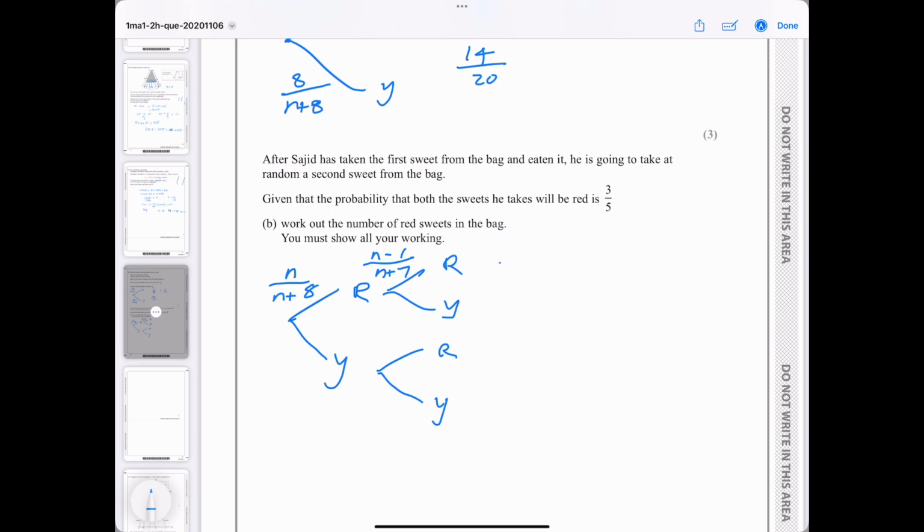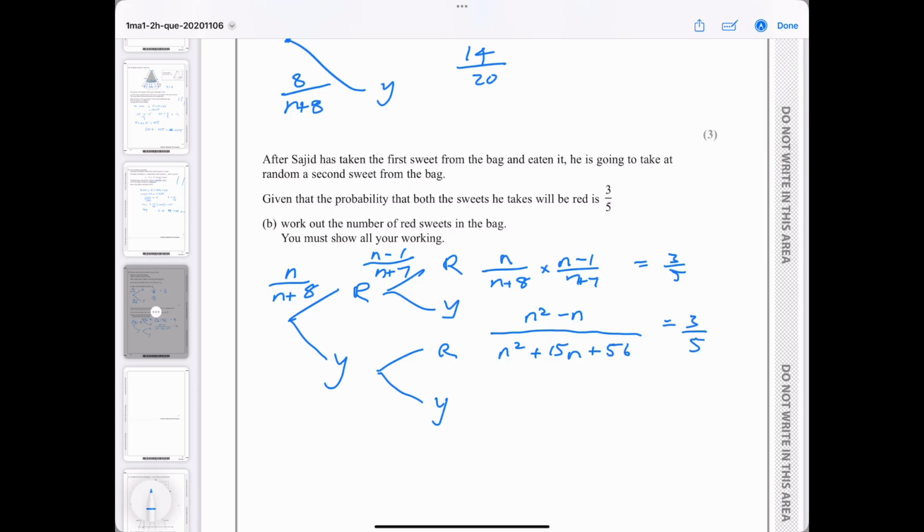So he essentially has n over n plus 8 times n minus 1 over n plus 7. And that equals 3/5. So on the top he's got n times n minus 1, which is n squared minus n, over n squared plus 8n plus 7n plus 56 equals 3/5.